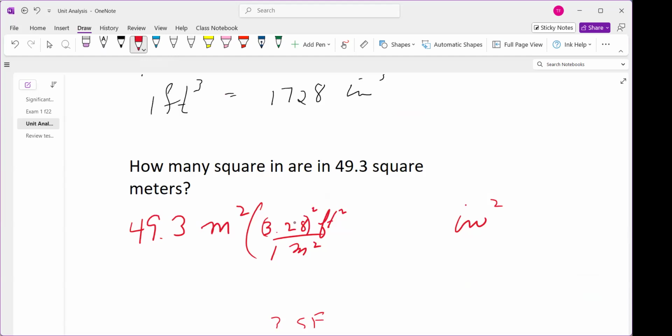Okay, now we're at square feet. Now we need to go to square inches. Okay. So we know there's 12 inches to a foot. That'd be 12 squared.